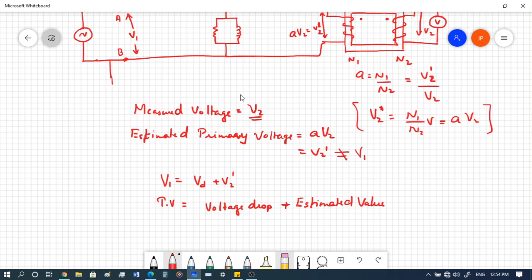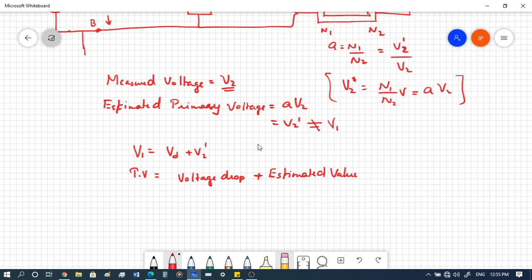In this case also, V2 dash and Vd are both vectors, and we are not going to look into the detailed analysis of these vectors. We'll draw a rough diagram of these vectors.